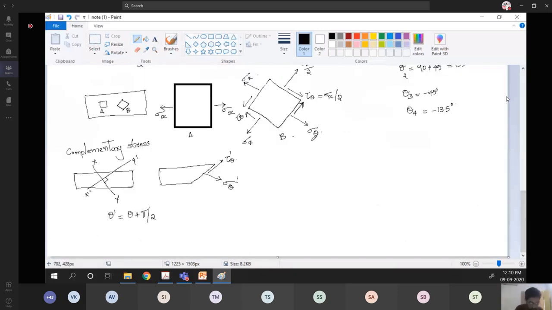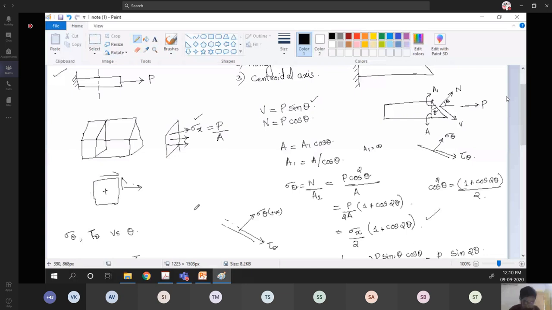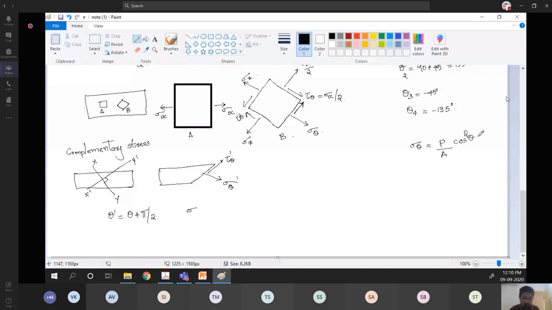So what can you say? The original expression for sigma theta was p by a cos square theta. So what happens if theta is changed to theta plus pi by 2? That is nothing but sigma theta dash. Can you give me what will be the answer?